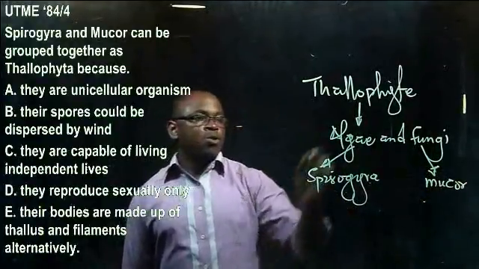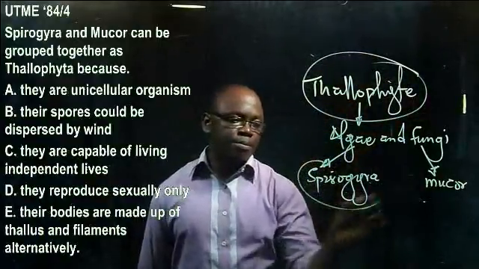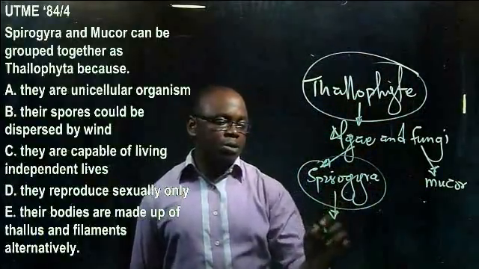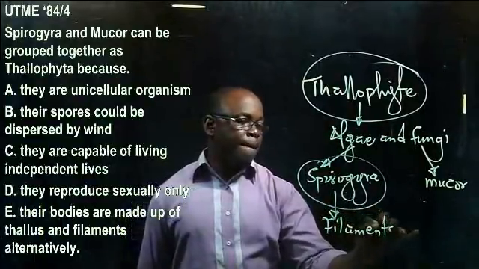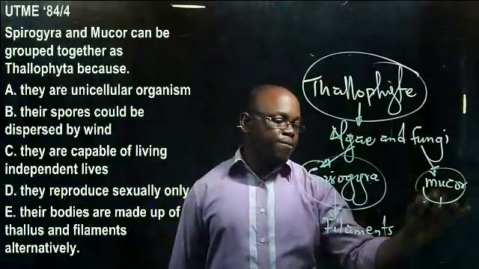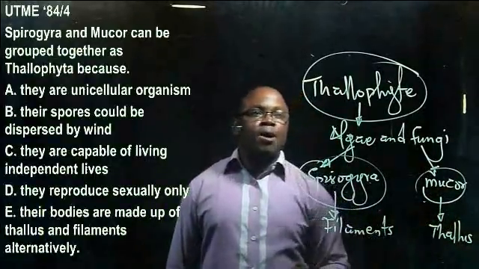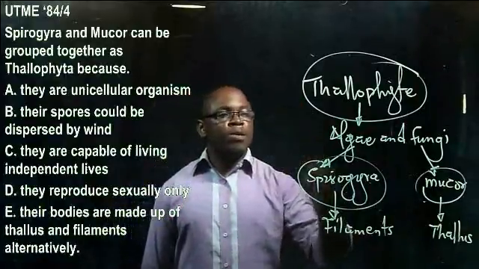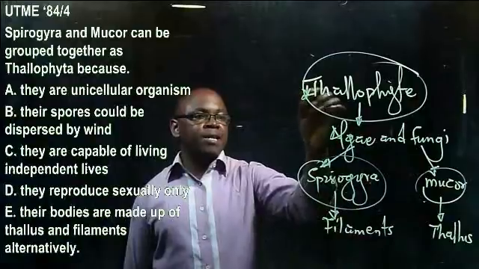They were classified as thallophytes then because Spirogyra consists of filaments, and mucor is made up of thallus.